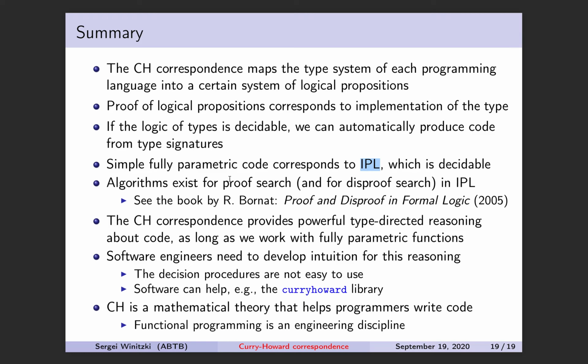So algorithms for this logic exist to search for the proof automatically or to search for a disproof, the proof that your formula is false. This book I can recommend as an introduction to this logic, how to find the proof and how to find a disproof.